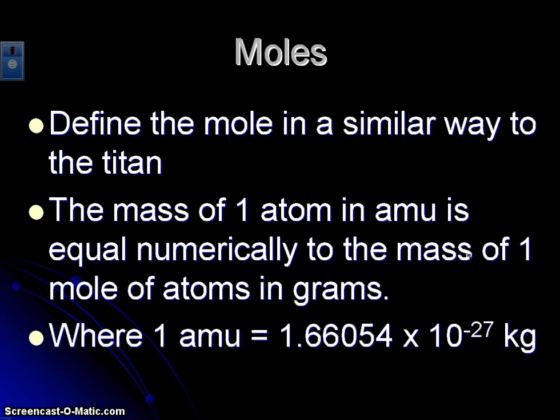And we know that 1 AMU is equal to 1.66054 times 10 to the negative 27th kilograms. So this should start sounding like what you did in the Titan lab. So what do we need to do now? We need to figure out the connection between the mass of an atom in AMU and the mass of the mole in grams. And we use that to figure out how many atoms are in a mole.